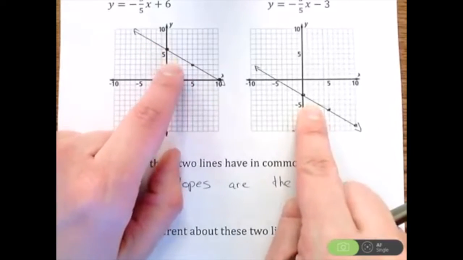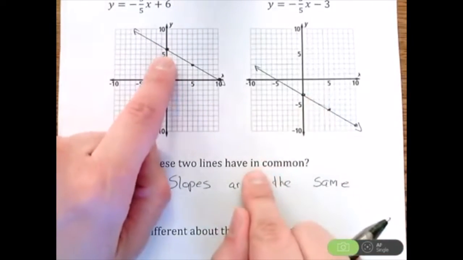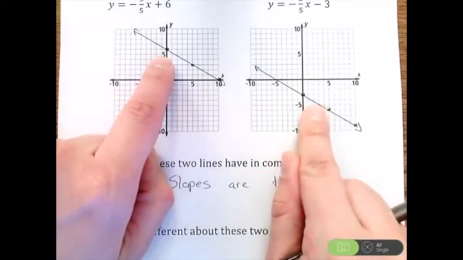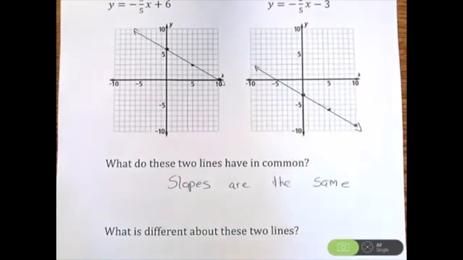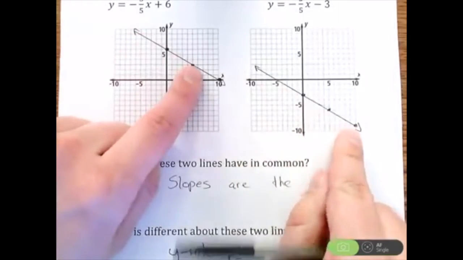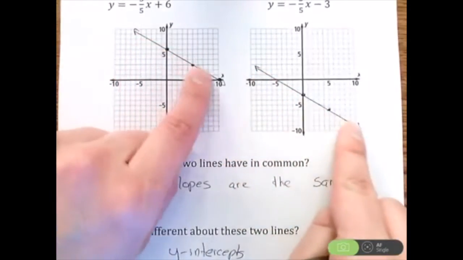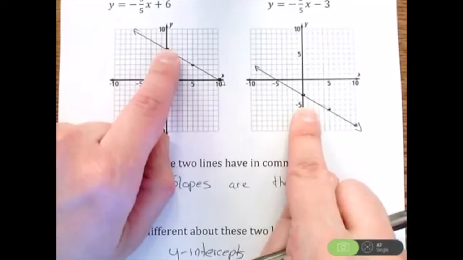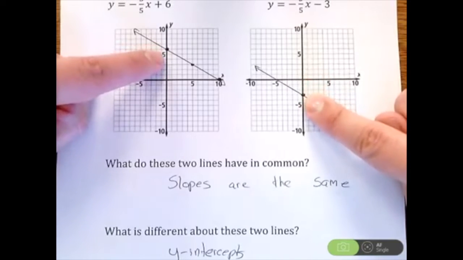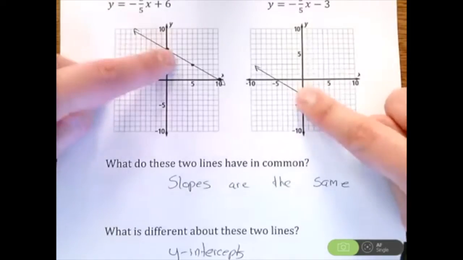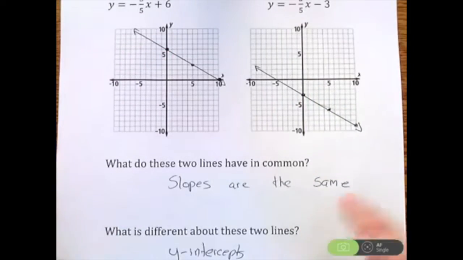But notice, and this is where we bring in the differences, this line started much higher, where this line started much lower. So what's different was their y-intercepts. When the slopes are the same, they almost look like the exact same line. They're just located at different spots on the graph. This is above the origin, this is below the origin. Okay, slopes were the same, different y-intercepts.